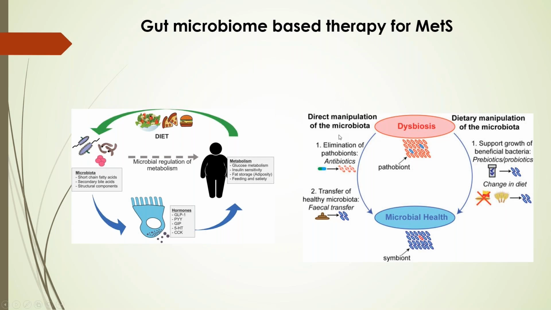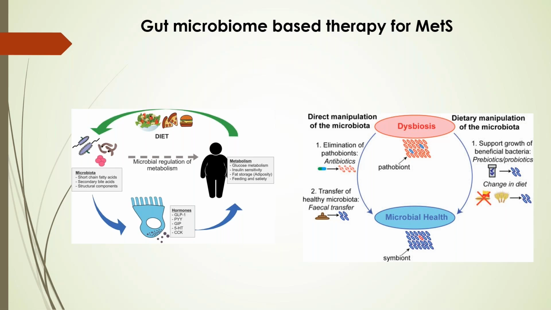So there are two strategies. First is the direct manipulation of the microbiome, another is dietary manipulation of the microbiome. When we eat a lot of junk food and high fat food, a lot of bad bacteria start thriving in our intestine. These are called pathobionts. So the aim is to use antibiotics, and these are all studies actually done and proven to be efficacious in animal models.